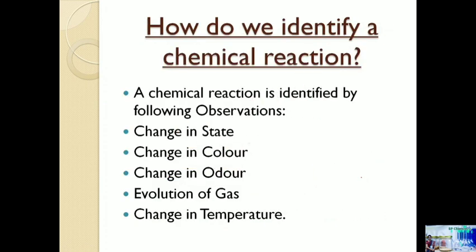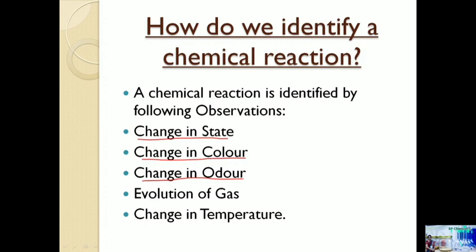How do we identify a chemical reaction? A chemical reaction is identified by some observations. Those observations are change in state, change in color, change in odor. Odor means smell. You might have observed in your daily life, when milk is left at room temperature during summers, the smell is changed.